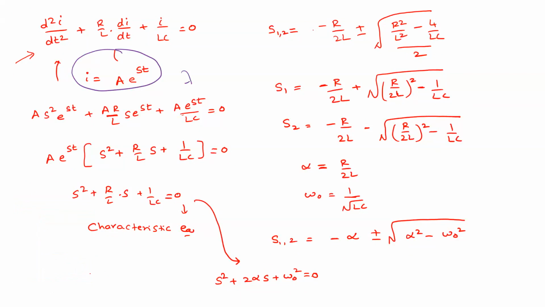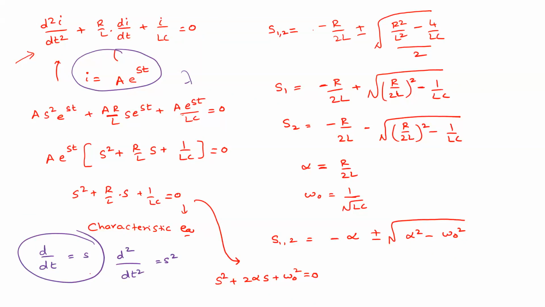In the same manner, actually there is no need of this. The general thing is that whenever we have the d by dt term, we usually assume that it is equal to s, and d square by dt square we assume as s square.